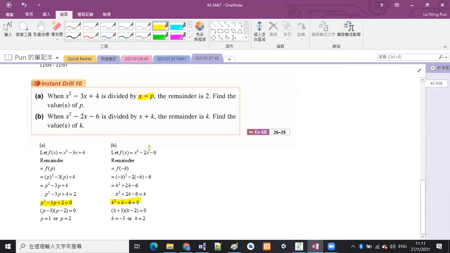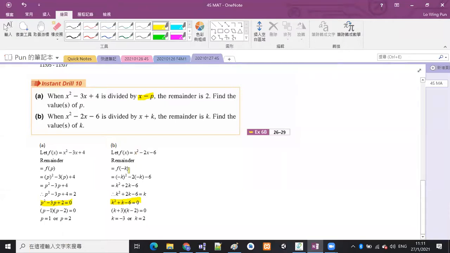I'm also worried about careless mistakes. The most common errors are powers of negative numbers, or double negatives. Be careful. The remainder is equal to f of negative k, okay? And then you just replace all the x by negative k. But be very careful that for the first term, the square is for the x.